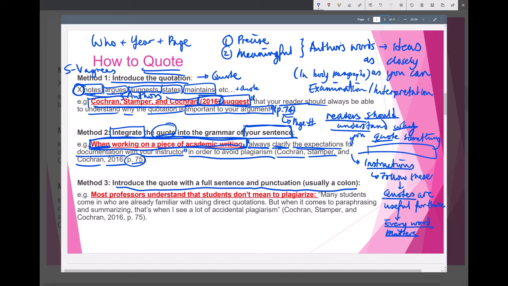Always clarify the expectations for documentation with your instructor. And why? Well, in order to avoid plagiarism. When you put a quote in your sentence, notice that you have the big brackets here. So this would read, you have a sentence, the whole sentence with the quote.